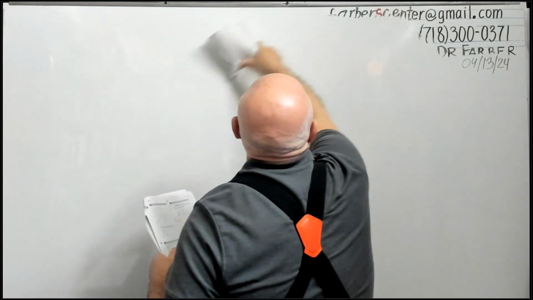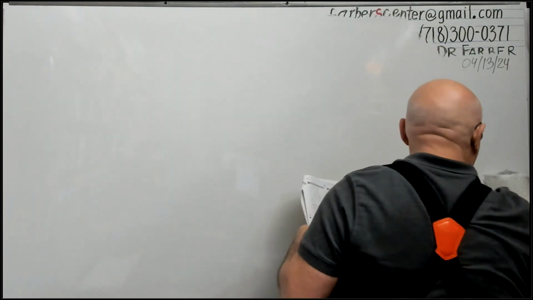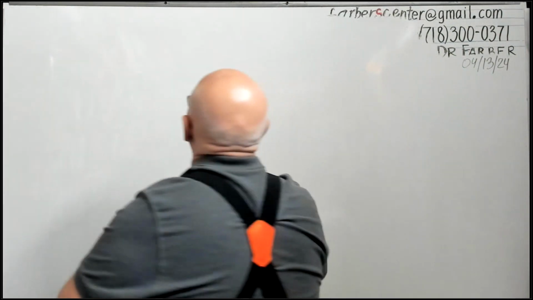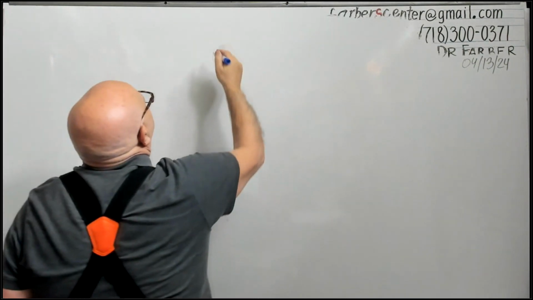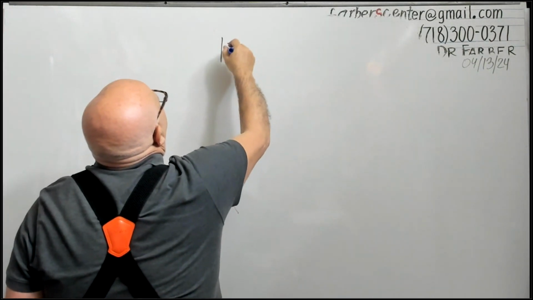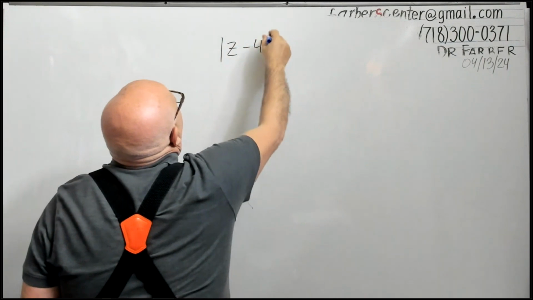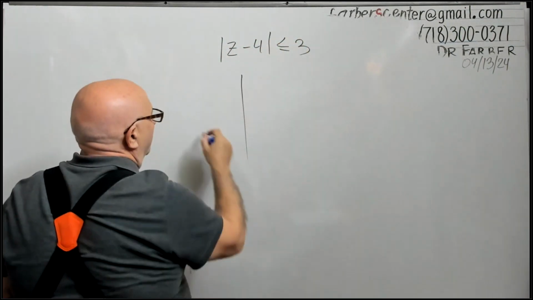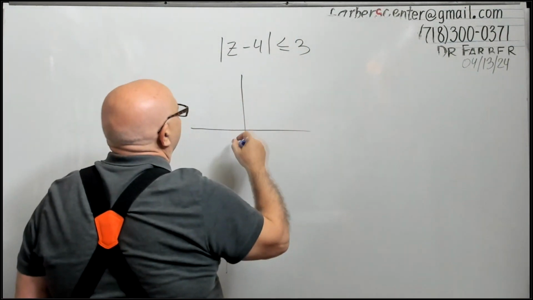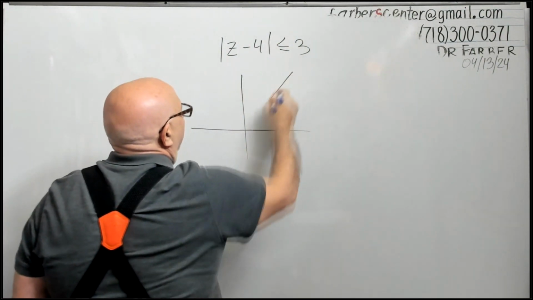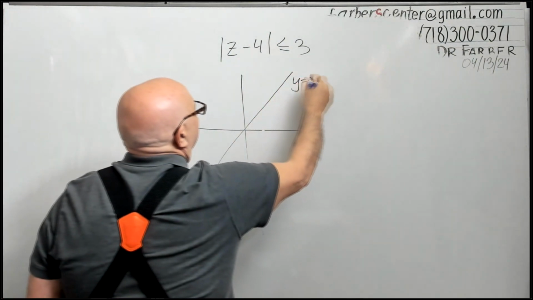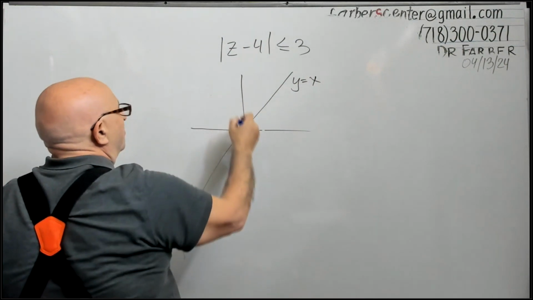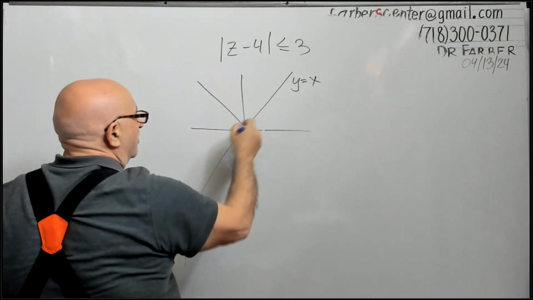And another way, you can use Desmos and build a graph. How to build a graph? Let me show this: z minus 4 less or equal to 3. Look at this, the absolute value of x. This is x. I show the graph transformation, y equals absolute value of x, this graph.